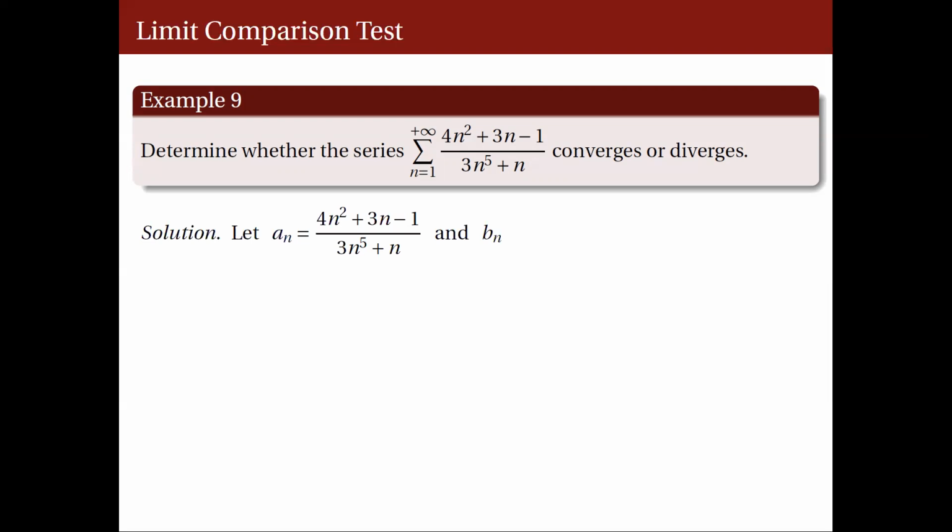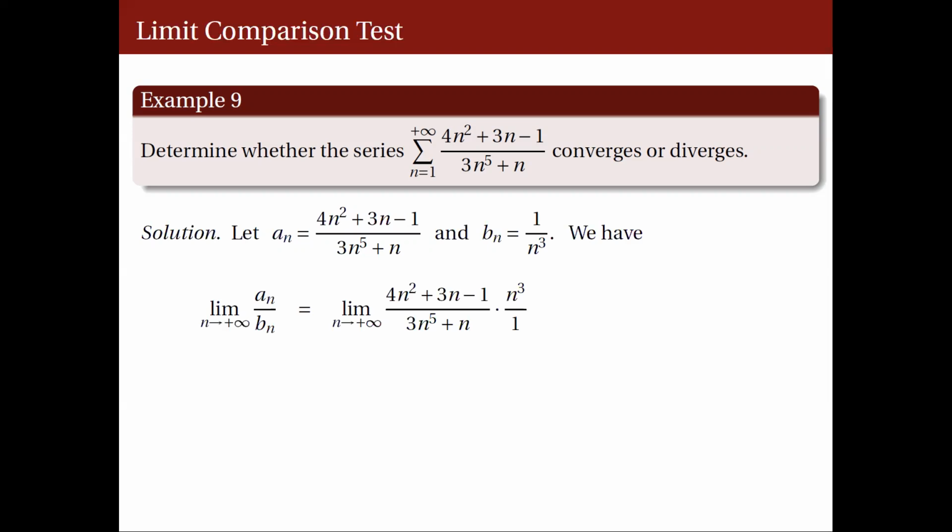Para naman sa b sub n, ang isang trick na pwede natin gamitin for rational functions ay i-divide natin ang variables na may pinakamalaking exponent sa numerator at denominator. Dito sa a sub n, ito ay ang n squared over n to the 5th, which is equal to 1 over n cubed. Kaya susubukan natin piliin kay b sub n ang 1 over n cubed.